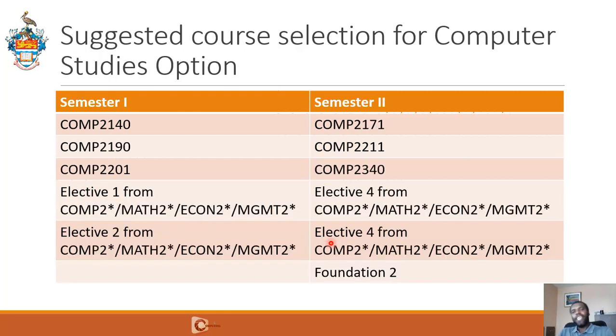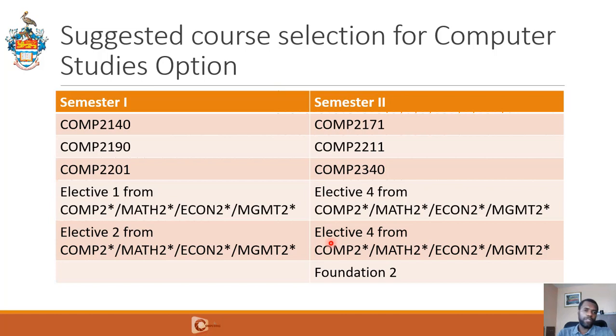If your major is the computer studies option, then in semester 1, you should take Comp 2140, Comp 2190, Comp 2201, and 2 electives from either a level 2 computing course, math course, econ course, or management course.